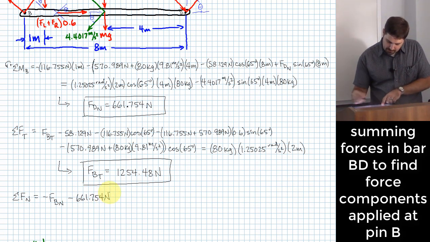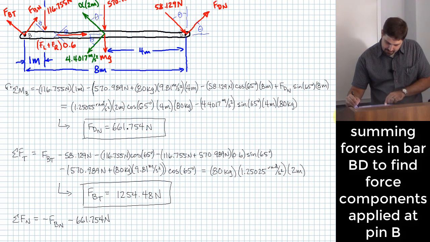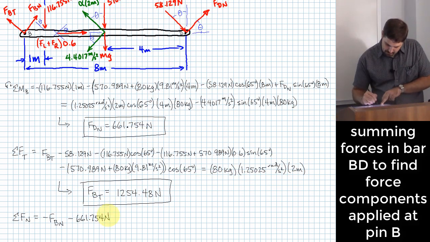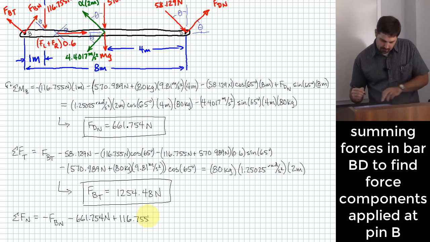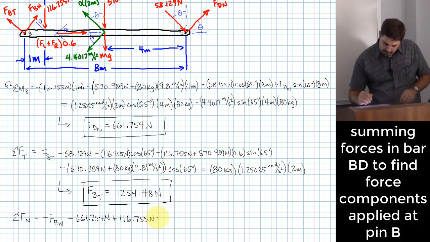All right, then I've got plus 116.755 newtons times the sine of 65 degrees.